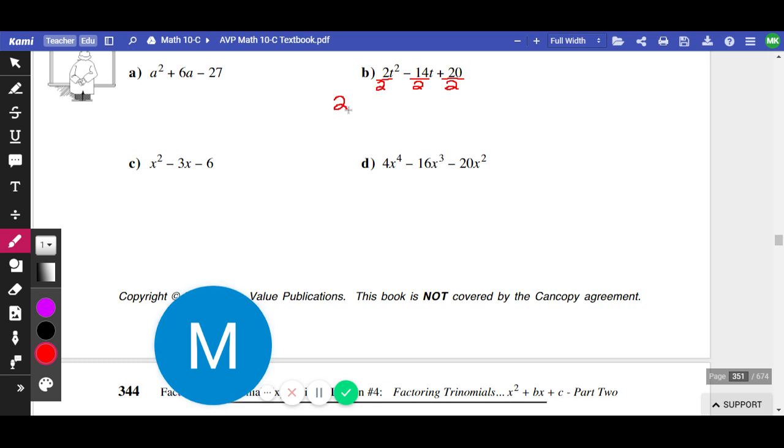Therefore I have 2 bracket t squared minus 7t plus 10.